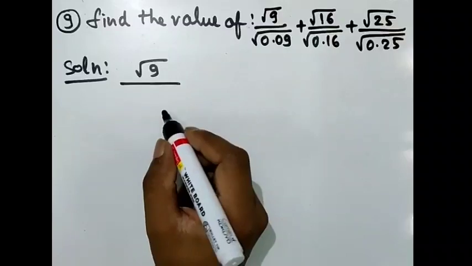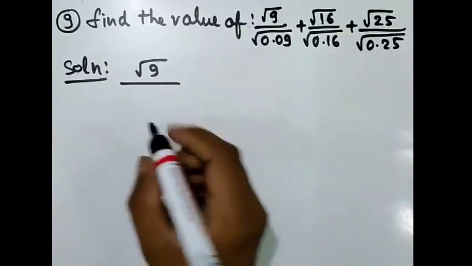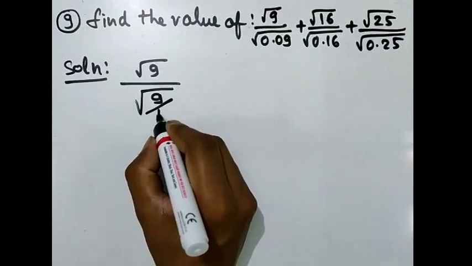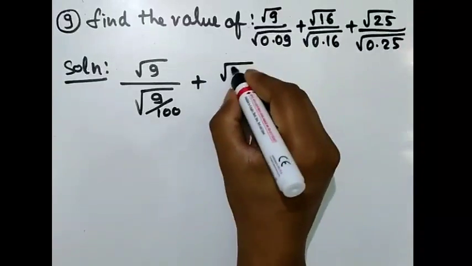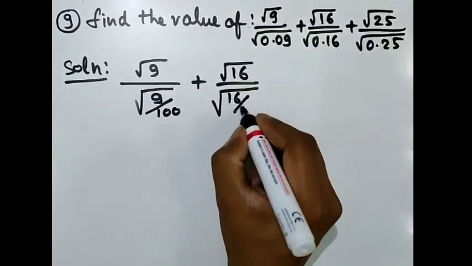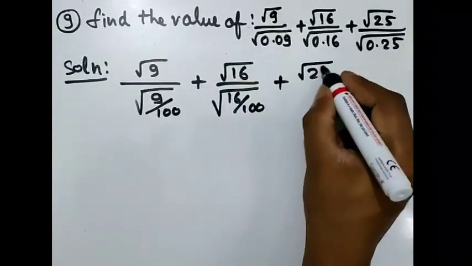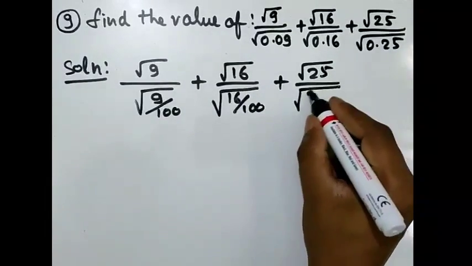So look at 0.09. We can change it into fraction. So we can say square root of 9 by square root of 9 by 100, right? Plus square root of 16 by square root of 16 by 100 plus square root of 25 by square root of 25 by 100.